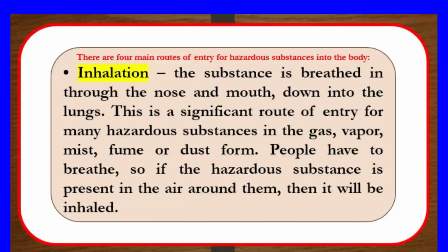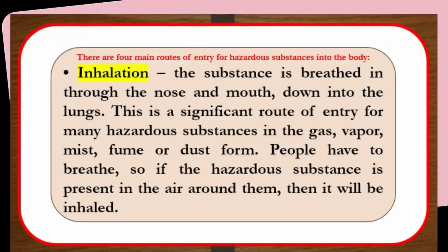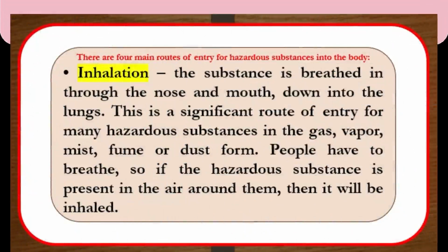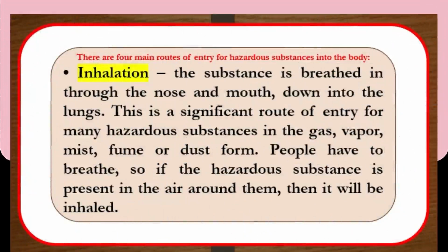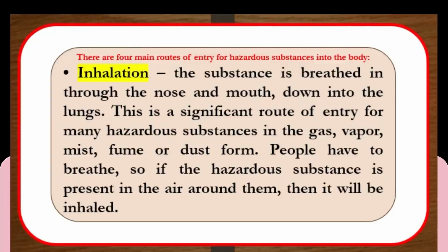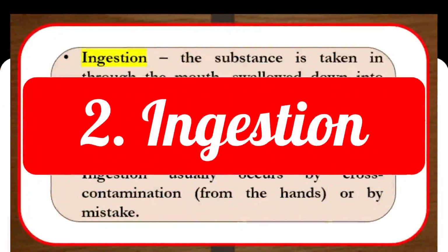This is a significant route of entry for many hazardous substances in the gas, vapor, mist, fume, or dust form. People have to breathe. So, if the hazardous substance is present in the air around them, then it will be inhaled automatically.